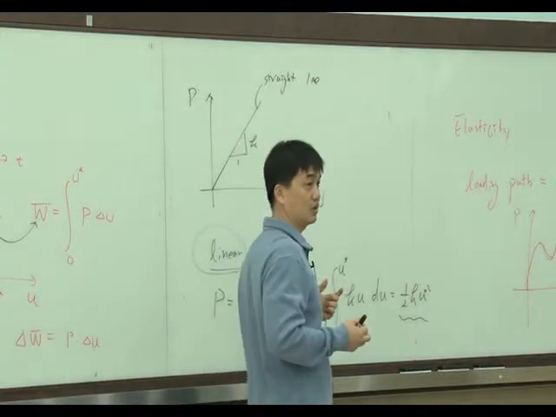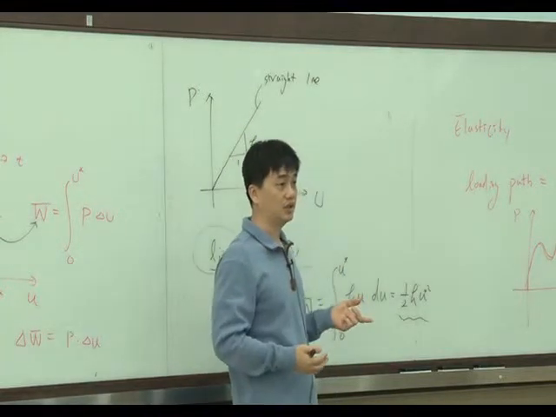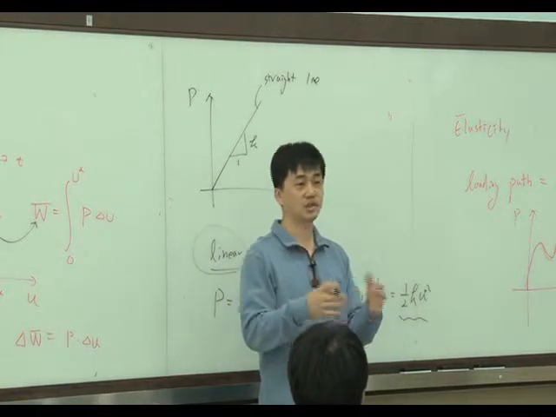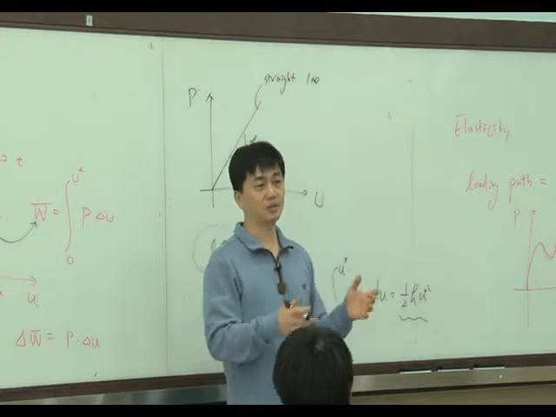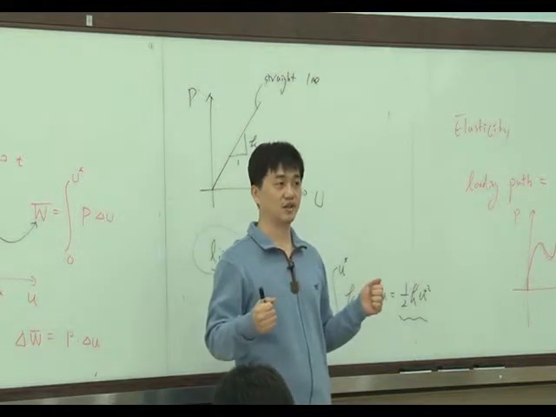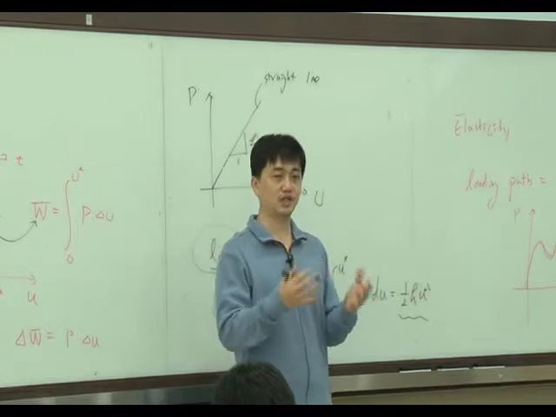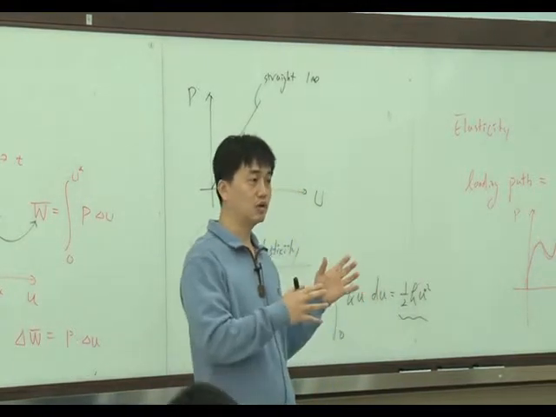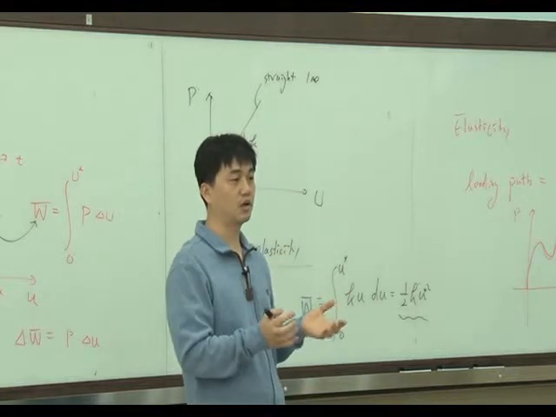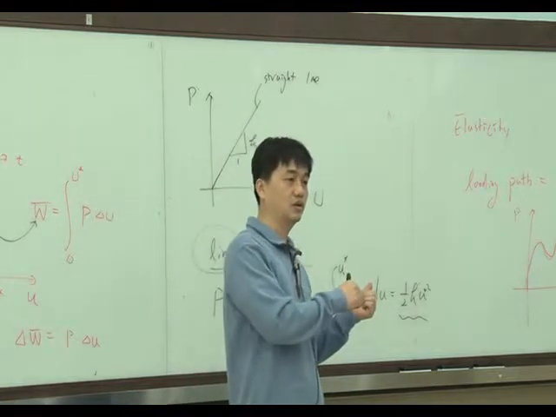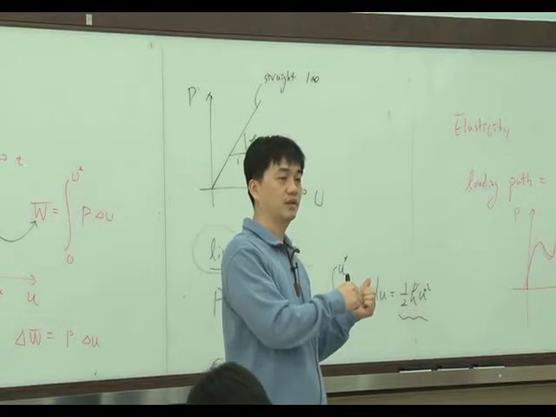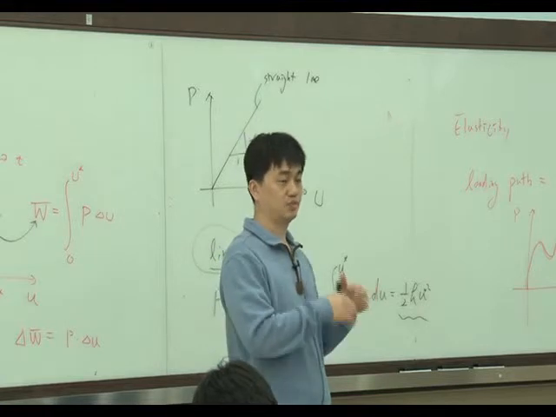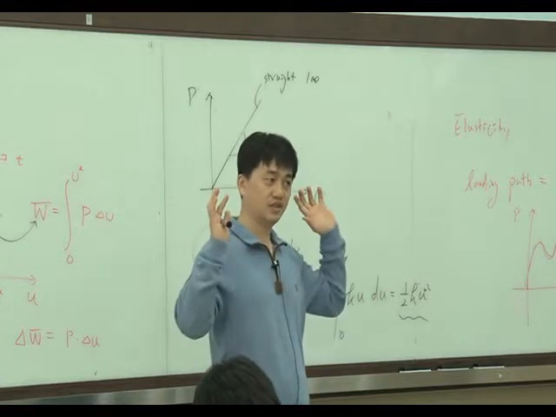Energy should be conserved, right? So the externally applied work should be stored somewhere. That somewhere is the spring, right? So the externally applied work is converted to energy and stored in the spring. Understand?